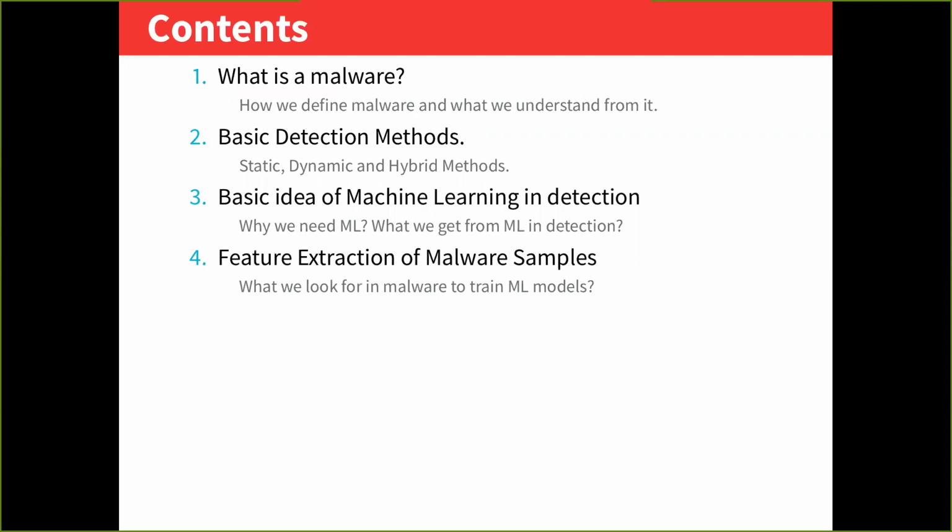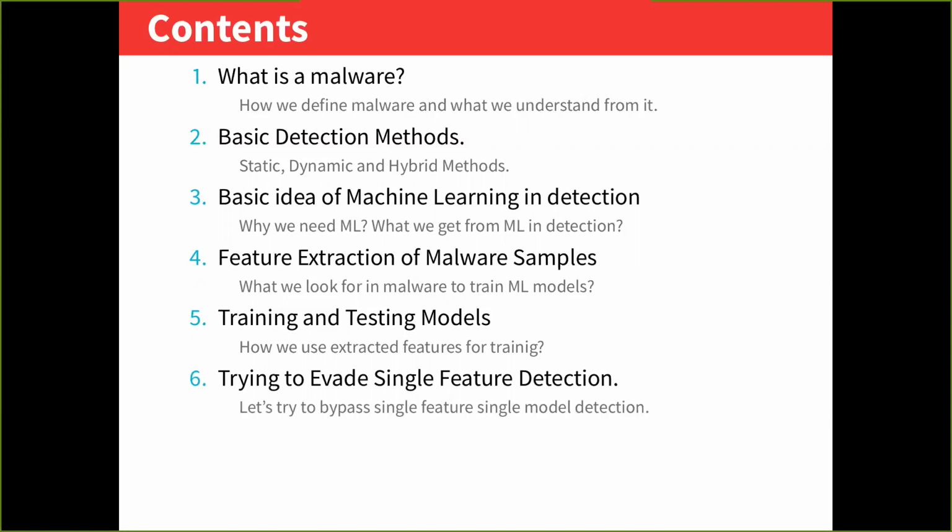Then we will dive deeper into the machine learning process, and we will see how we can extract features from malware samples, what we actually look for in malware to train our models. Then we will see how training and testing of models works, like when we have the features and then how we train them.